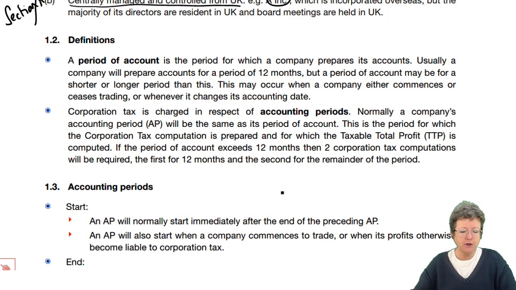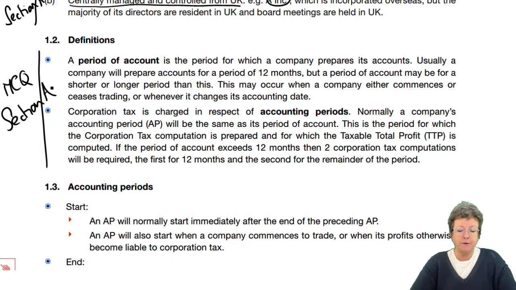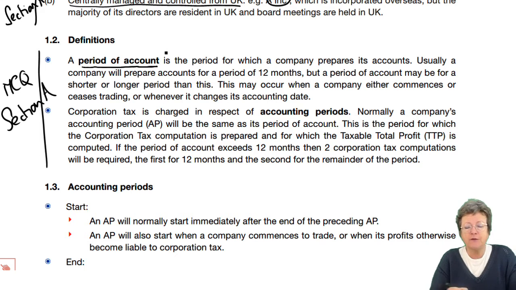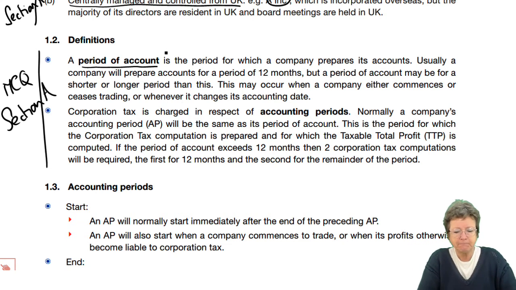Some more definitions, and again, these are more likely to be multiple choice questions in section A than anywhere else, because there is no maths involved. So a period of account, you can see that as a multiple choice question. What is a period of account? And then there'll be 4 to choose from.